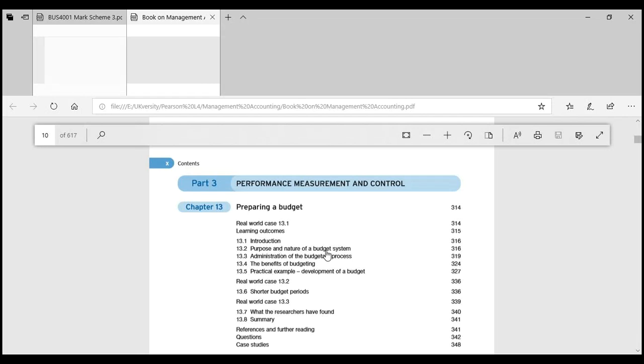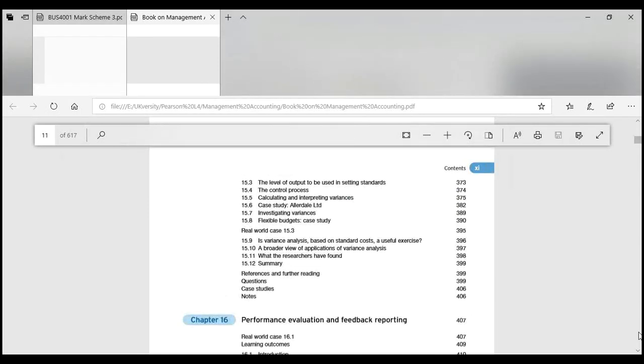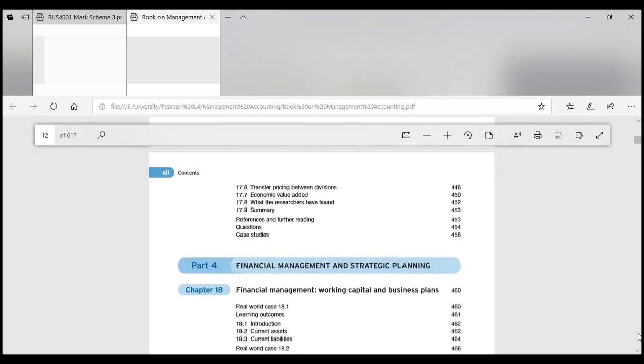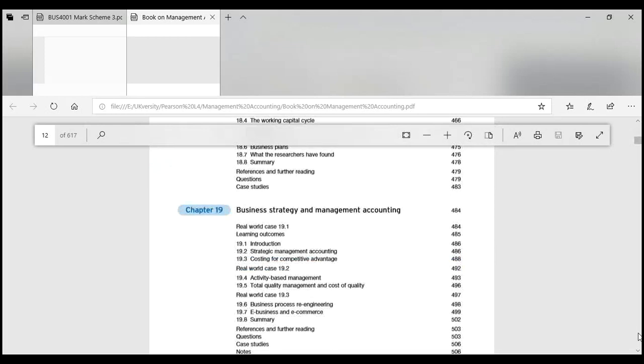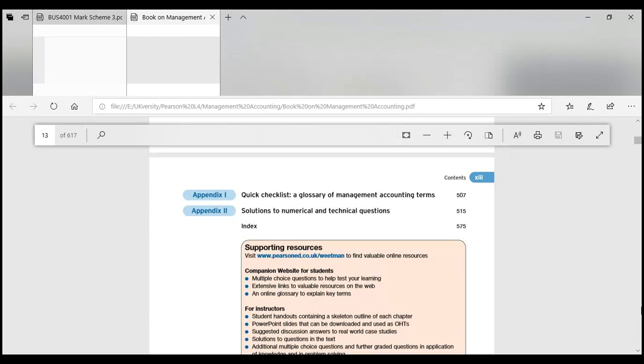Chapter 13, purpose and nature of the budget system, why the system needs to be in place, where we can measure the performance. Standard costing we already discussed. Performance evaluation, we discussed. This chapter is quite mixed. We discussed assets, strategy, competitive advantage, and we discussed balanced scorecard as well. So that's all been covered. Any question? No, sir.